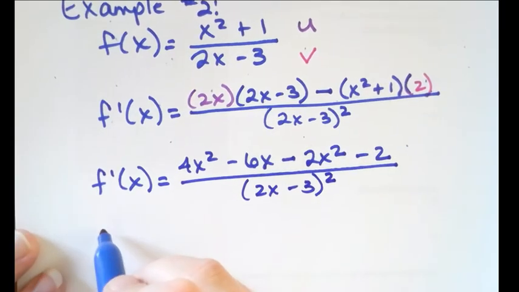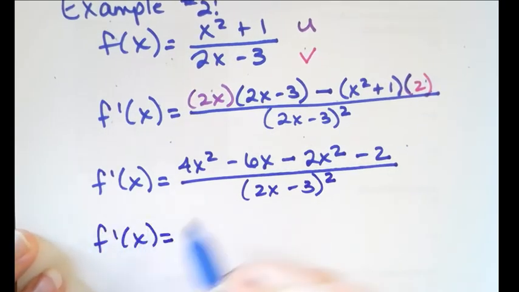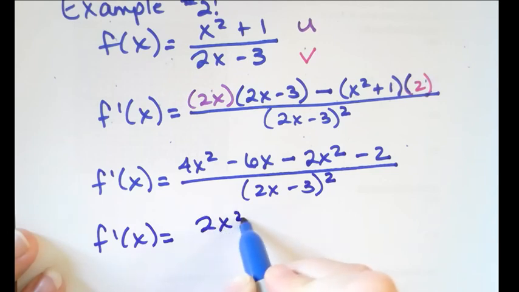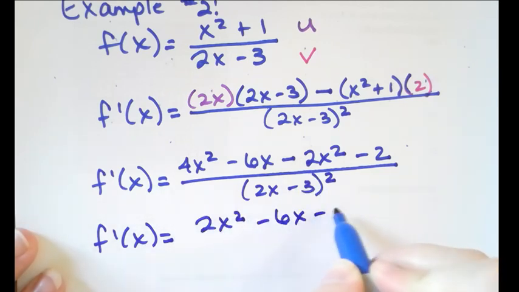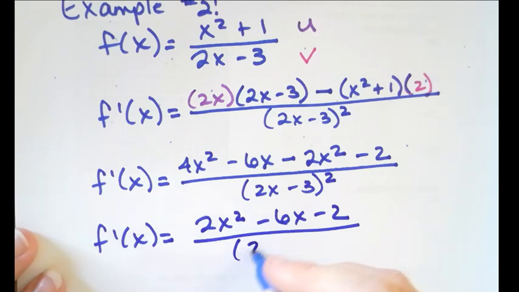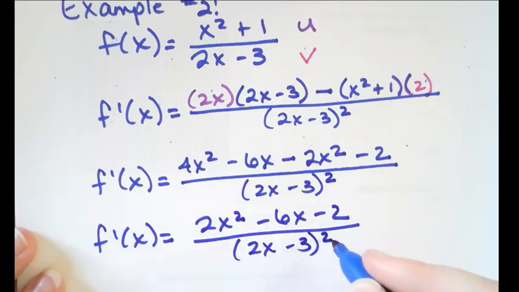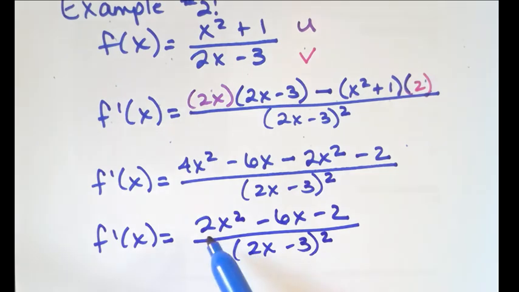And so to combine like terms, f prime of x equals 2x squared minus 6x minus 2 all over 2x minus 3 quantity squared. It's always a good idea to check and see if you can factor your numerator and possibly have something cancel out in the denominator. In this case, all we could do is factor out a GCF of 2, and the remaining polynomial would not factor to cancel with anything in the denominator. So we're just going to leave this as our final answer.